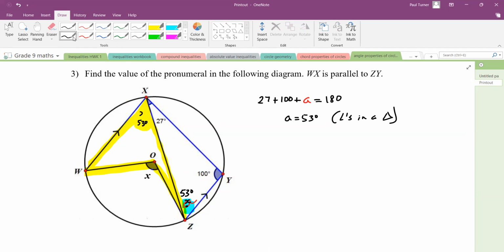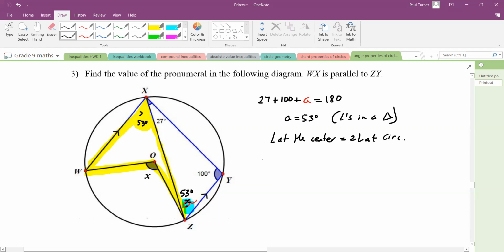So then we use that rule, angle at the center equals 2 times angle at circumference. So angle at the center is x, 2 times angle at the circumference is 53. Therefore, x will be 106 degrees. So that's this angle here.